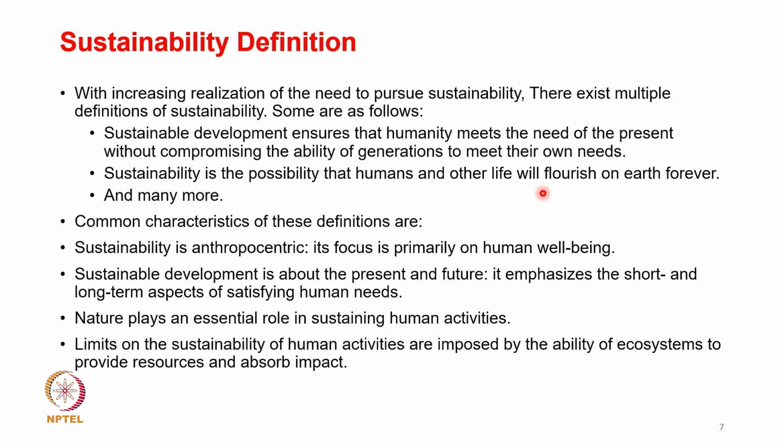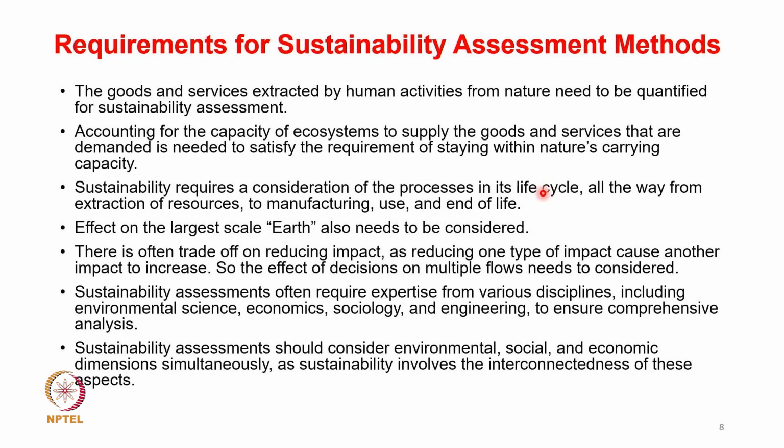The sustainability definition itself is qualitative, it's vague, you can't quantify. Now let's see how we can assess sustainability, so that if sustainability can be assessed, we shall be able to integrate it into the process design.